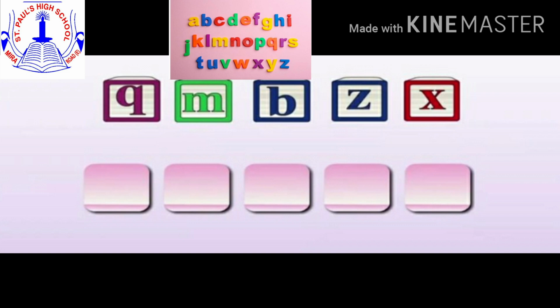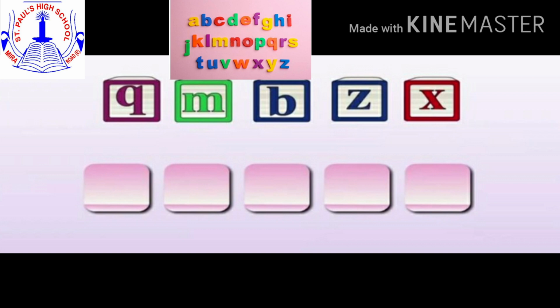Look at the small letters. They are not arranged in alphabetical order. Q, M, V, Z, X. So how are we going to arrange them in alphabetical order? Take a look at the first letter. Now let's start from the first alphabet, A. So is there any letter A? No. B? Yes. So we will write B first. C? No. D? No. E? No. F, G, H, I, J?